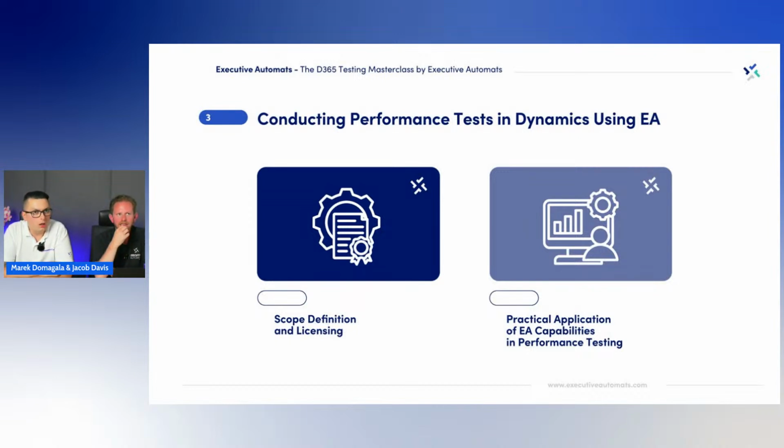You've got the scheduler that's necessary. Another thing is KPIs, because we have functionality in Executive Automats where we can point at some important step, for example in a purchase order, or where something is being posted, and we mark that step as a KPI.